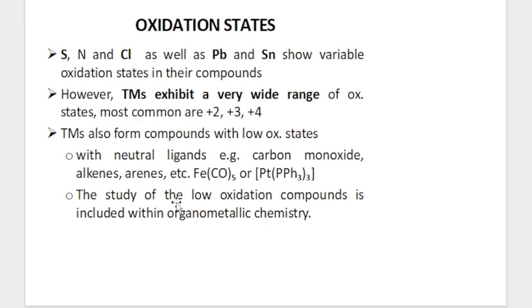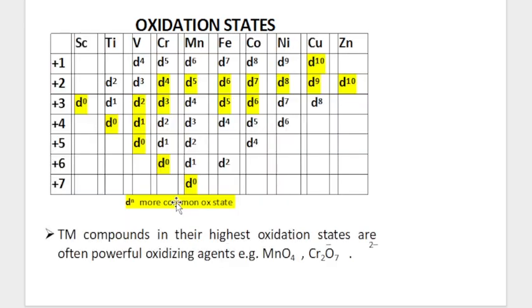The study of the low oxidation compounds is included in organometallic chemistry. The compounds in their highest oxidation states are often powerful oxidizing agents, things like the tetraoxomanganate 7 ion and the heptaoxodichromate 6 ion.